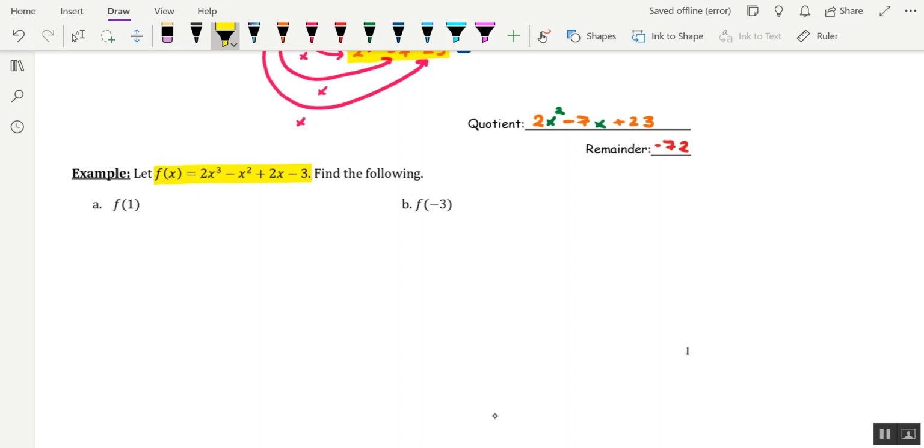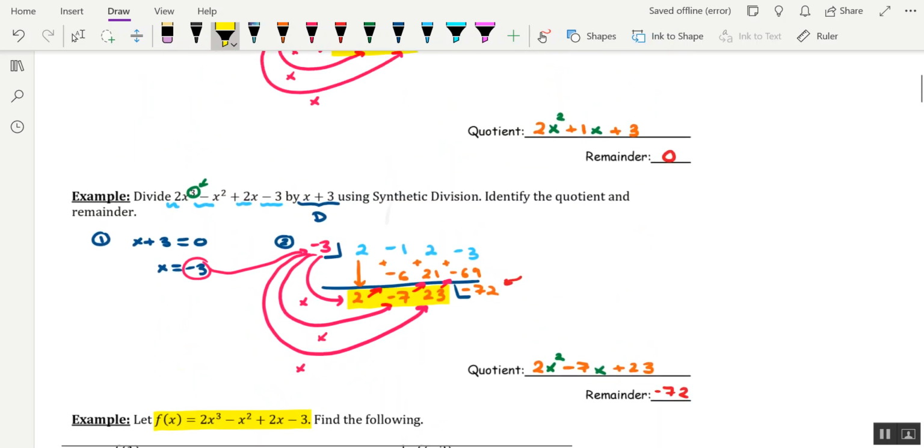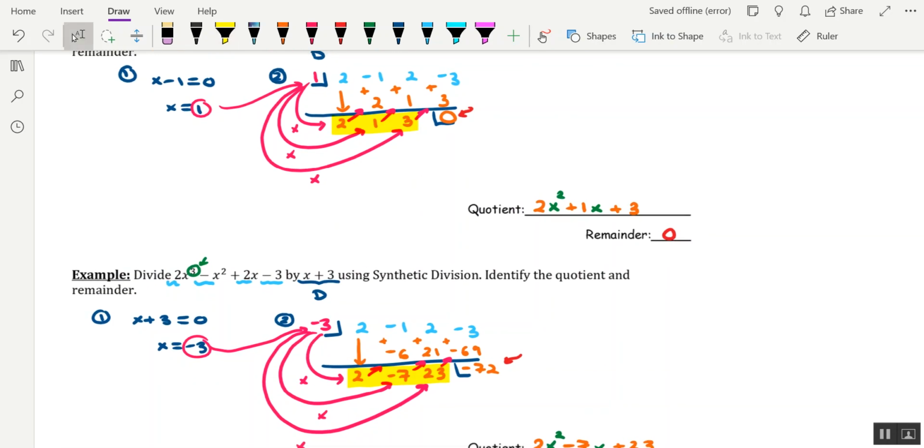The first input is 1, the second is negative 3. And if you recall our work in those last two examples, 1 and negative 3 were the numbers that we performed synthetic division with.